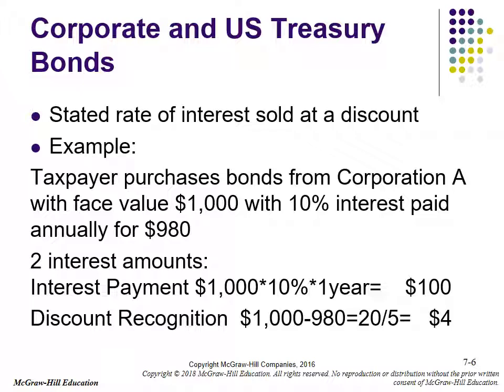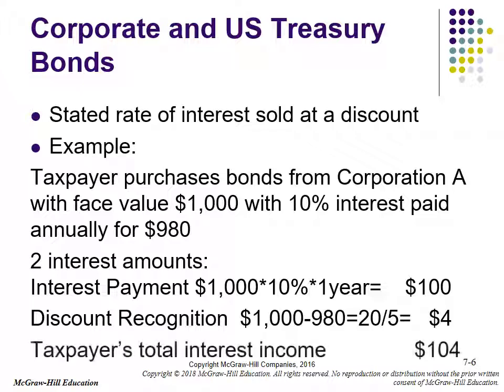And then we would recognize interest income each year over the 5 years. So take that $20 in total divided by 5. So not only will they show the $100 of interest that they actually received in cash, but also the $4 that they indirectly received by paying less now and getting more later when the bond matures. So the total interest income would be $104.